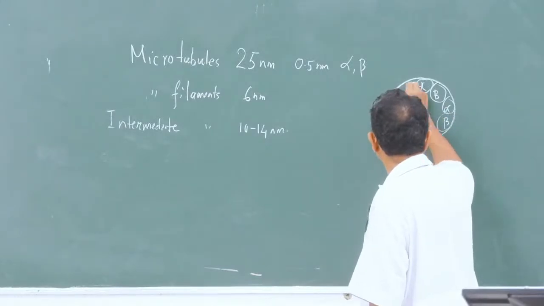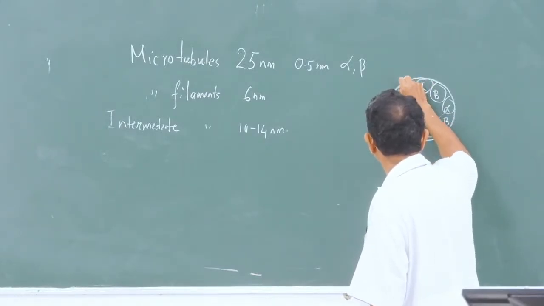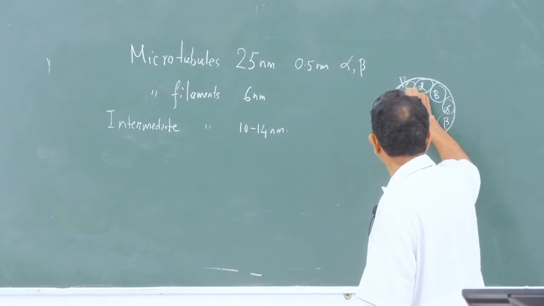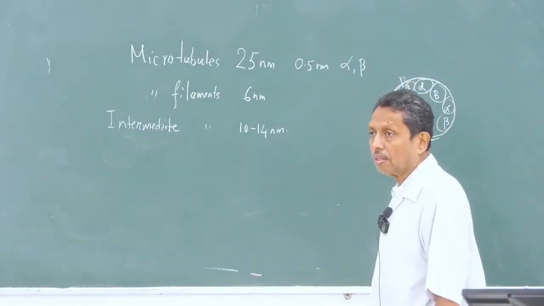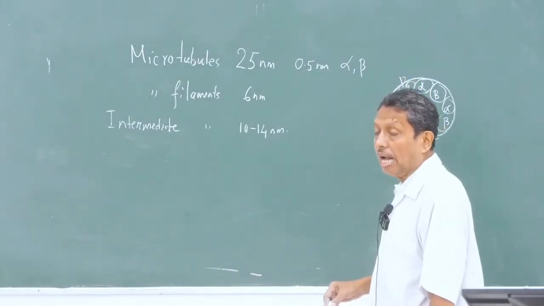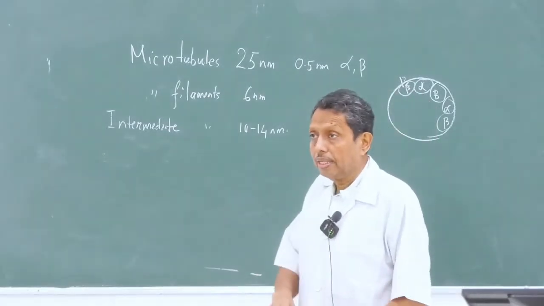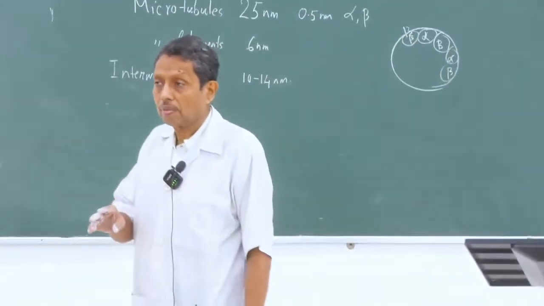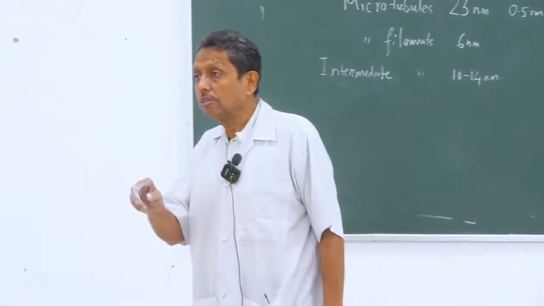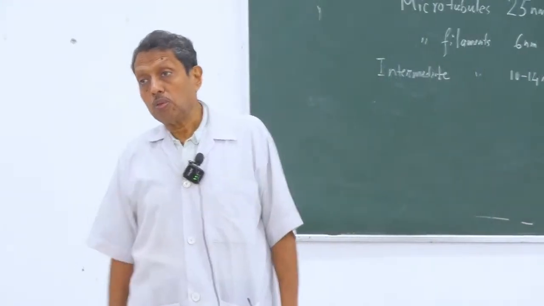In this way, it terminates at the 13th position, beta also 13, and they are formed in this way. They remain as alpha-beta dimers, and with the help of proteins and GTP, they are produced.